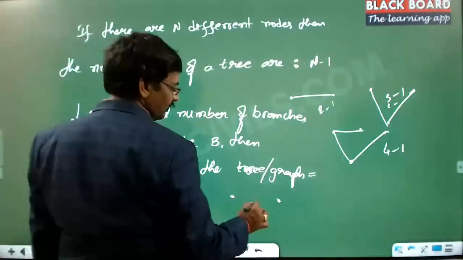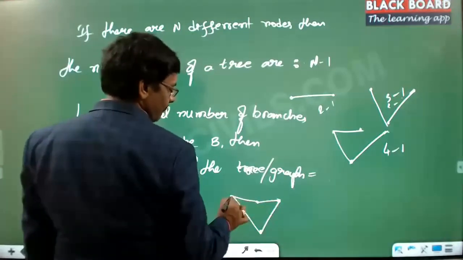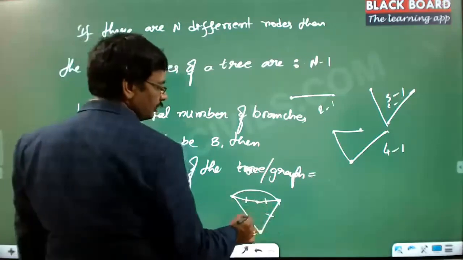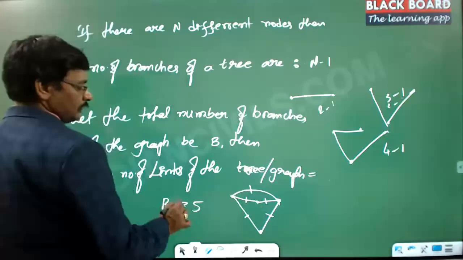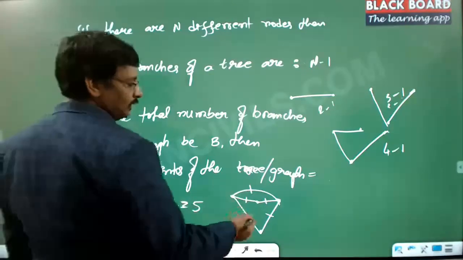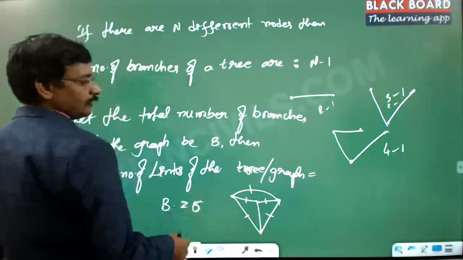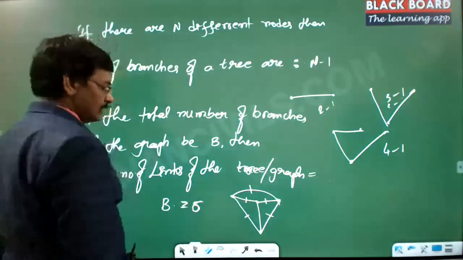Let us take the same one. So this is 1. Now here 1, 2, 3, 4, 5, and yes, 6 branches we can take. So 6 different branches are there in this particular case. So B is equal to 6.